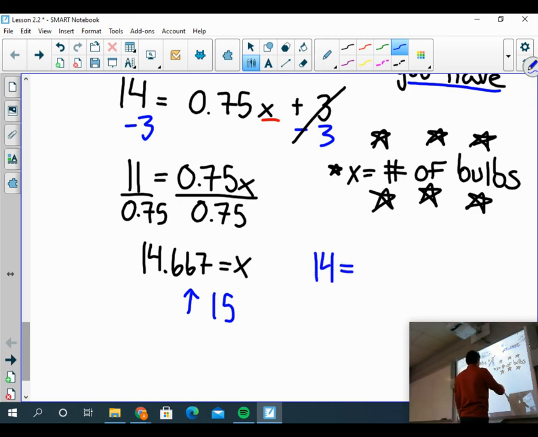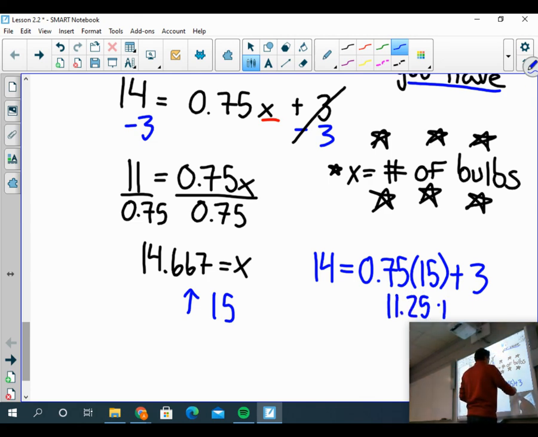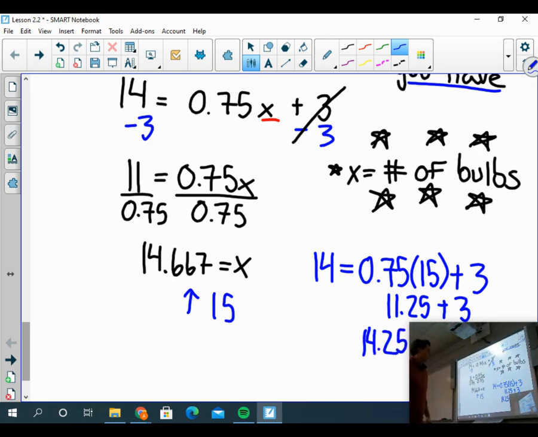Okay, if 14 is how much I can spend, and we plug 15 in for X, 0.75 times 15 is 11.25. Plus 3, that's 14.25. I don't have $14.25.